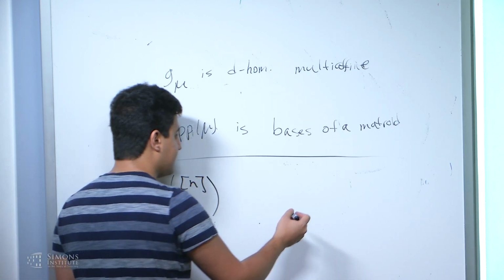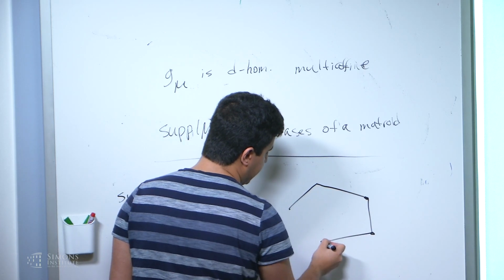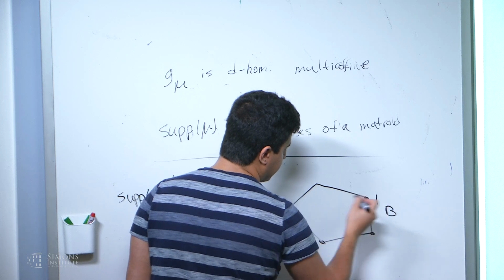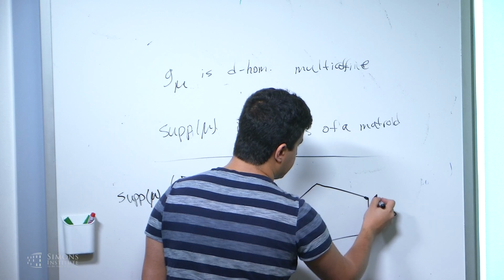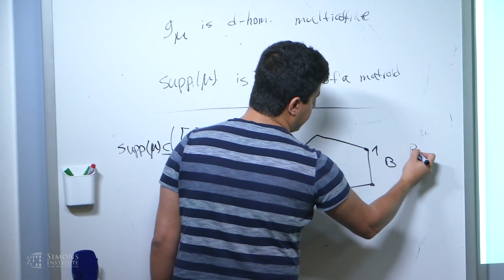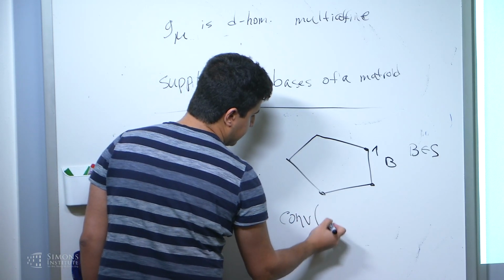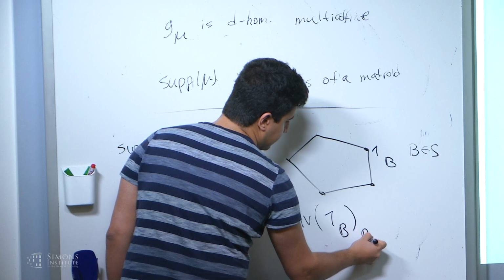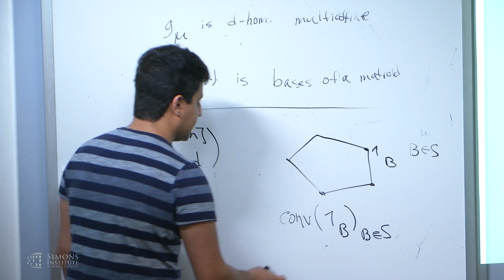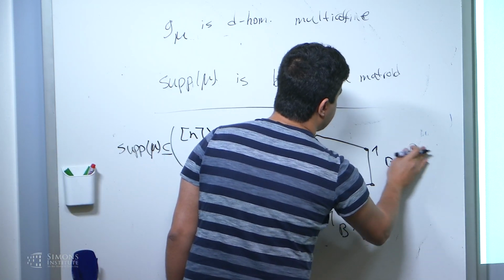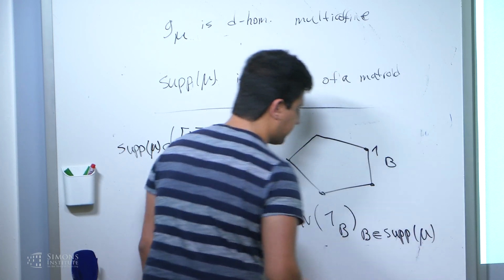Now there is a geometric characterization for when subsets of these things become bases of a matroid. And that characterization is this: look at the indicators of bases, B in S, and look at the convex hull of these indicators of bases.